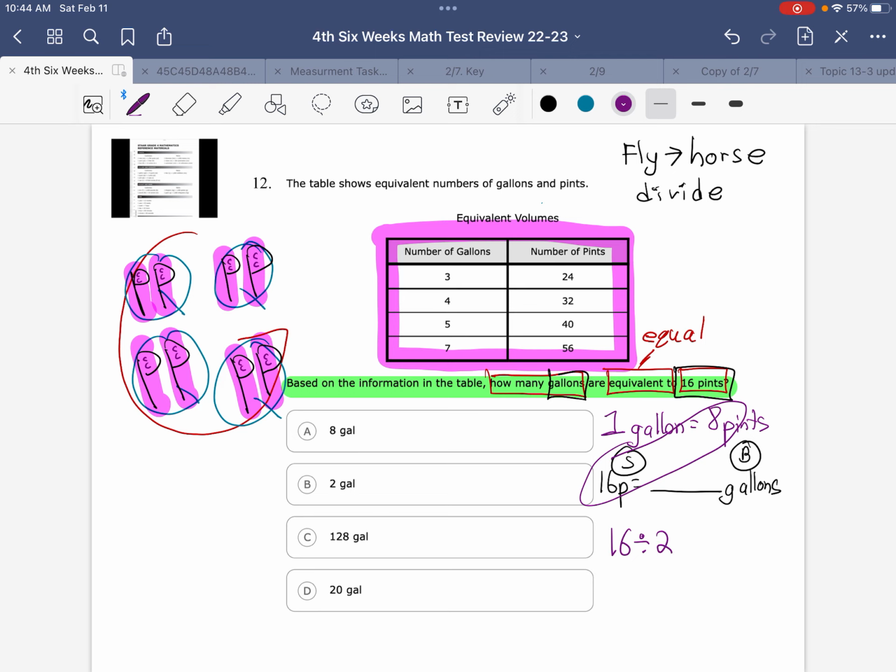If you know your basic division facts, 16 divided by 2 is 8. So that means 16 pints equals 8 gallons, which is A. If you didn't know 16 divided by 2, you can ask yourself, what times 2 gives me 16? It would be 8.